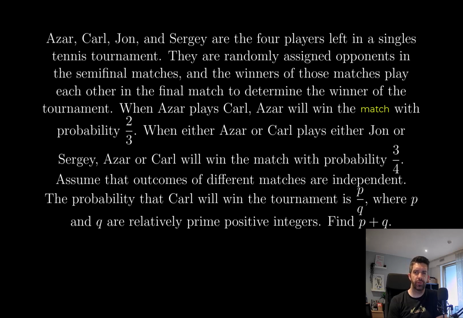So I guess what we want is the probability that Carl wins the tournament. First of all, of all possible starting arrangements of the bracket, we are given sufficient information to figure out the probability that Carl wins, depending on the original arrangement of the bracket.